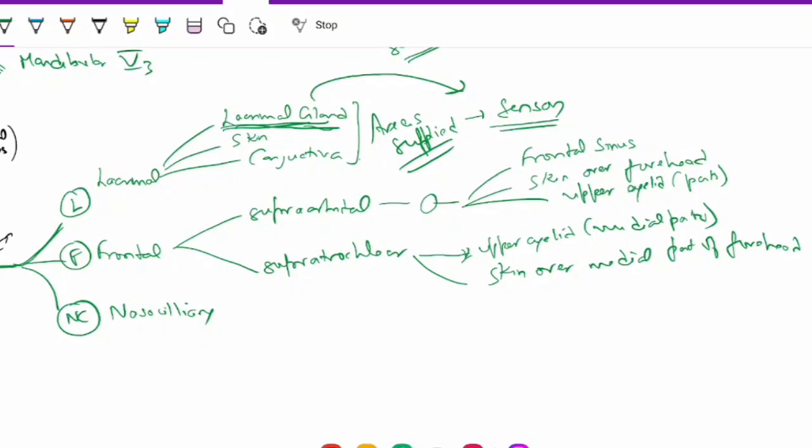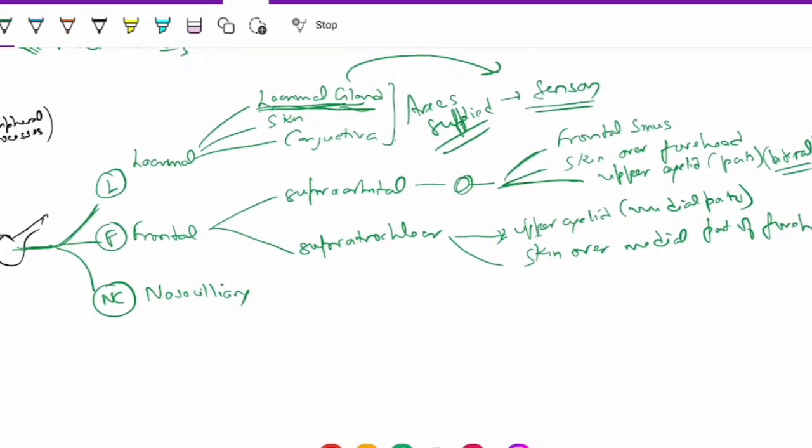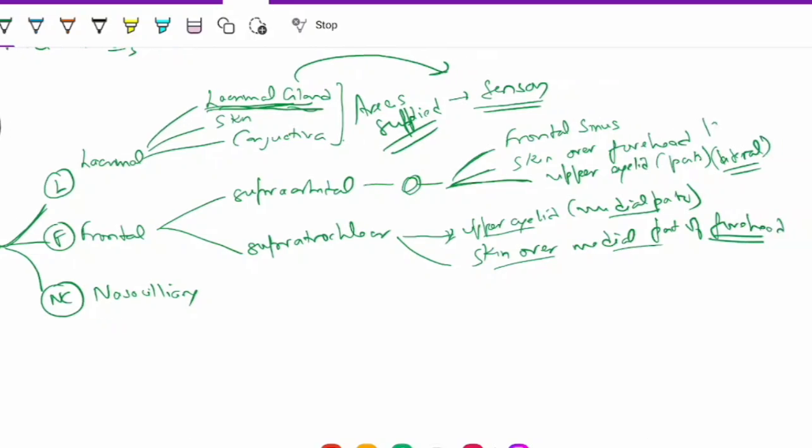So these are the areas supplied by supraorbital, which travels through the supraorbital notch, giving supply to the frontal sinus, skin over the forehead, and the upper eyelid, some lateral parts of it to be precise. Whereas supratrochlear, again a branch of frontal, which is a branch of ophthalmic, the first division of trigeminal we are studying, supplies the upper eyelid medial parts and skin over the medial parts of the forehead, whereas supraorbital was lateral.